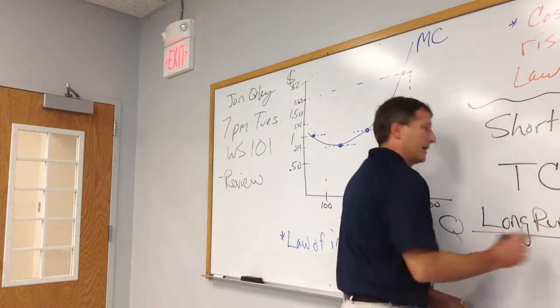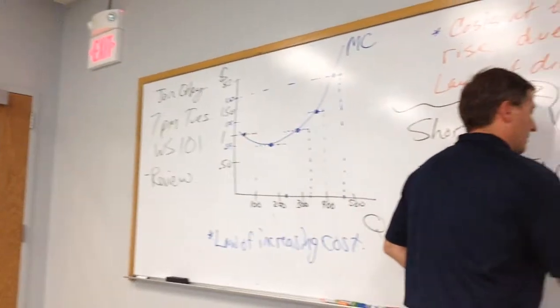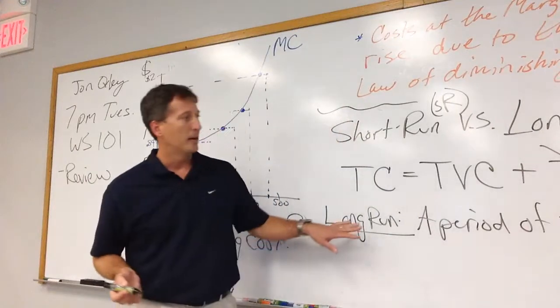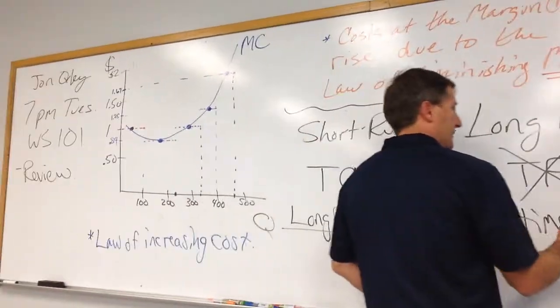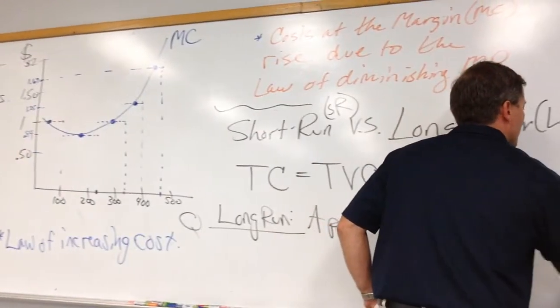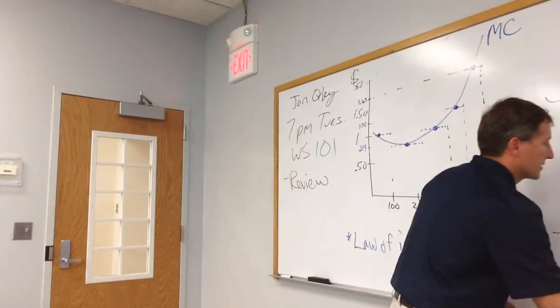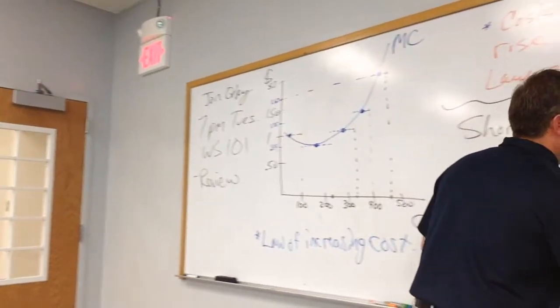The long run is a period of time. It's not a year, it's not 2 years necessarily, but it is a period of time that allows all resources to vary.